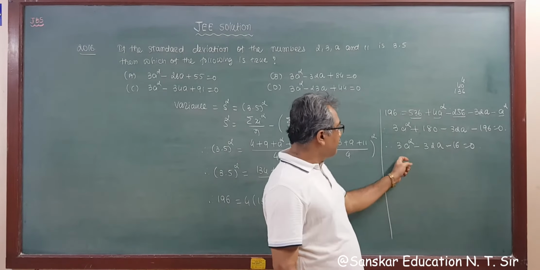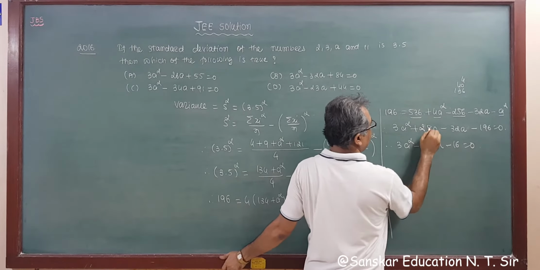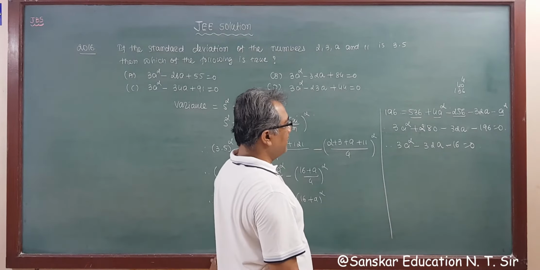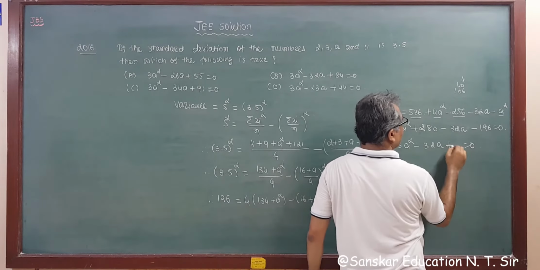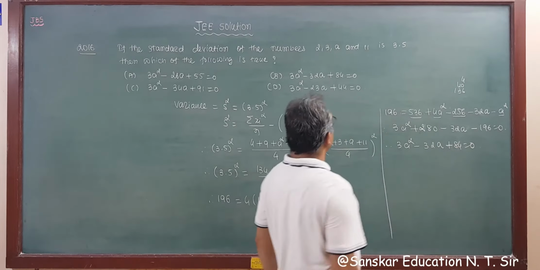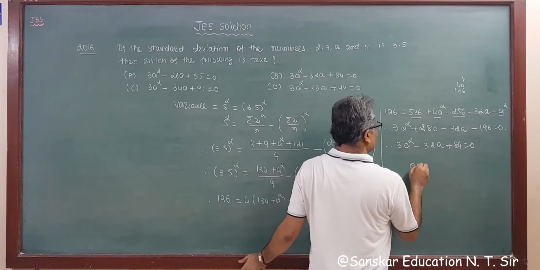Okay, so here this will be 280. So 280 minus 196 is 84, so plus 84 equal to 0. That is our option B, the correct answer.